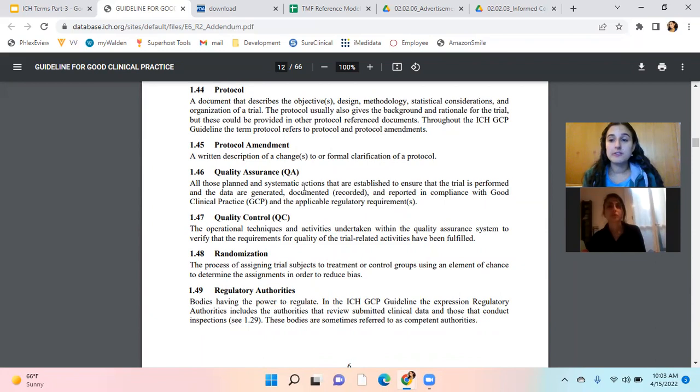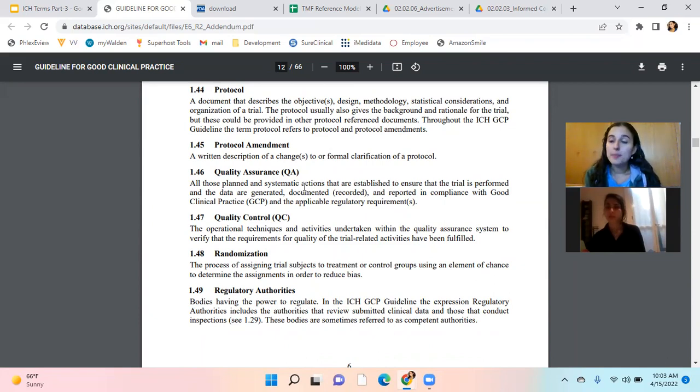Quality control is the operational techniques and activities undertaken within the quality assurance system to verify the requirements for quality of the trial-related activities. It's interesting that they're talking about QC as the techniques and activities undertaken to assure quality.